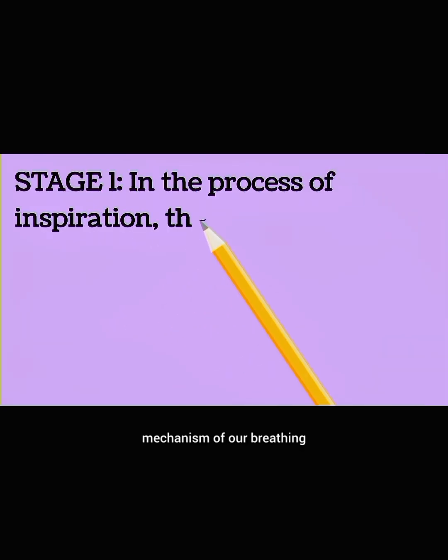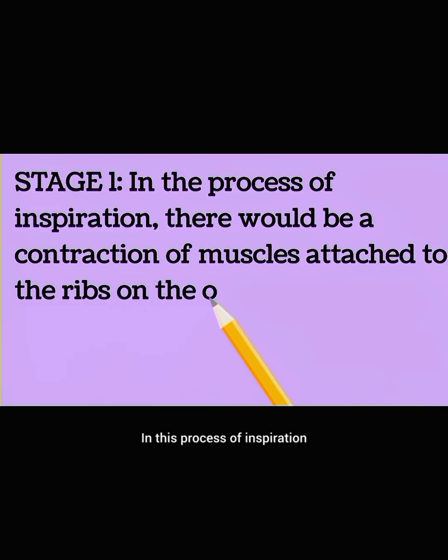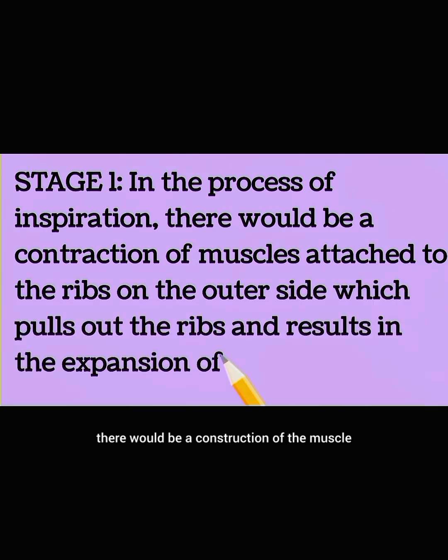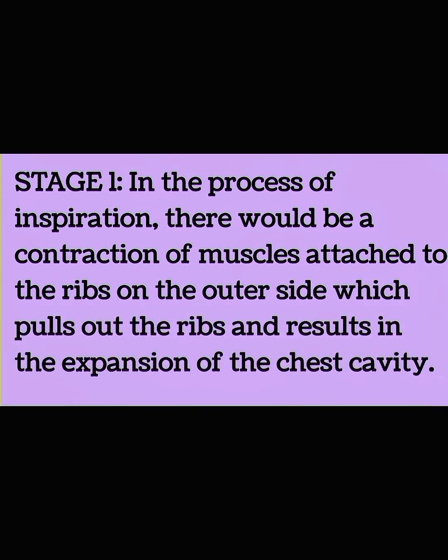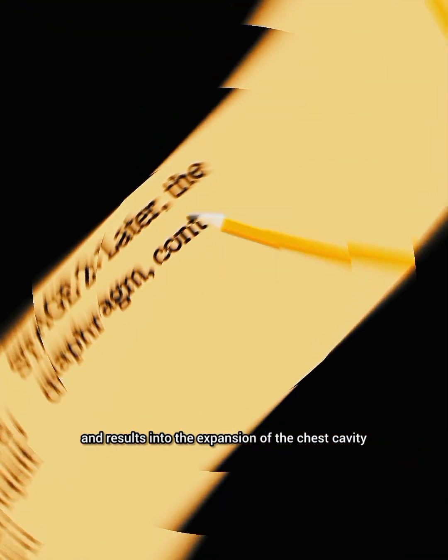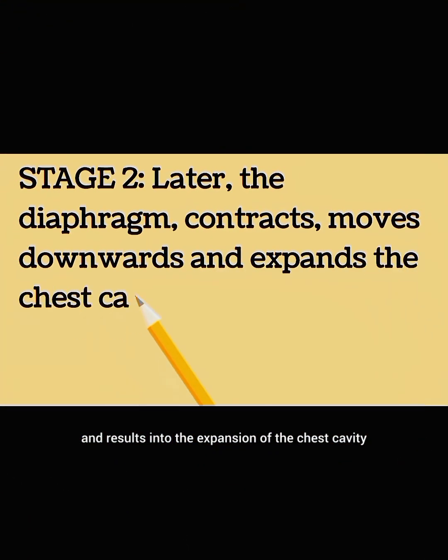Now let's go back to our breathing mechanism. In stage one of this process of inspiration, there is a contraction of the muscles attached to the ribs, which pulls out the ribs and results in the expansion of the chest cavity.